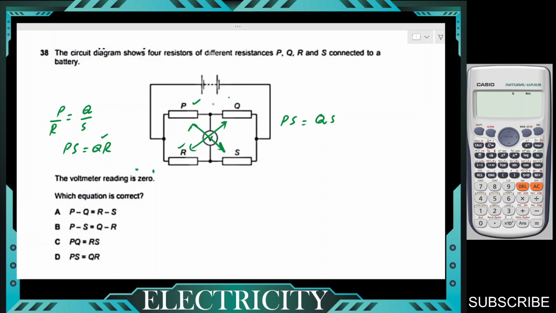By the standard method. You find the potential at A, then you find the potential at B, and since there is no potential difference between A and B, you put both of their expressions equal to each other, and from there you eliminate the extra stuff and then reduce it to the values of resistance.